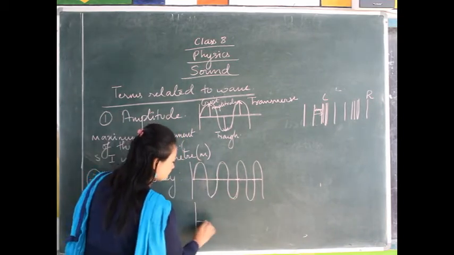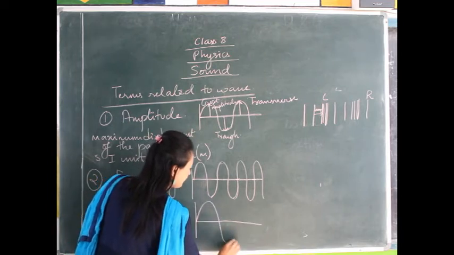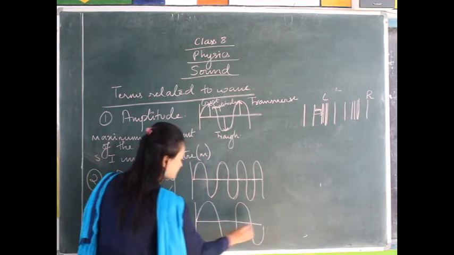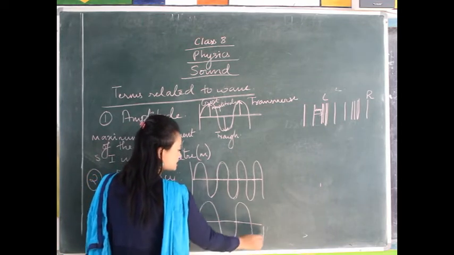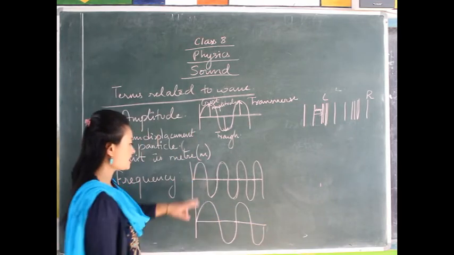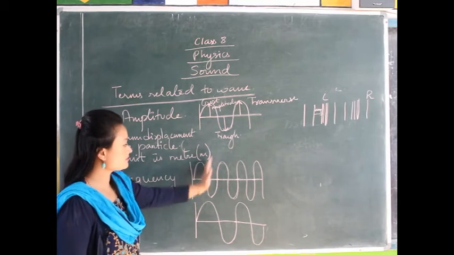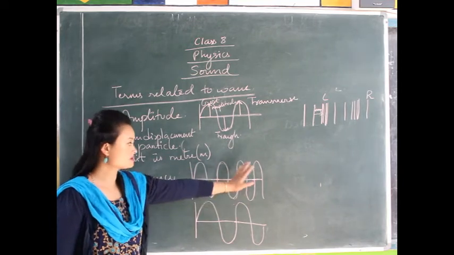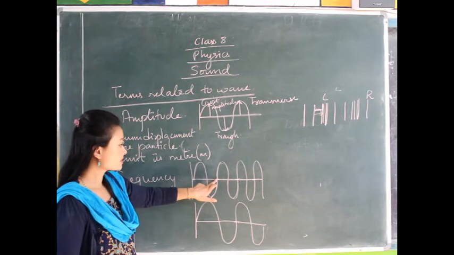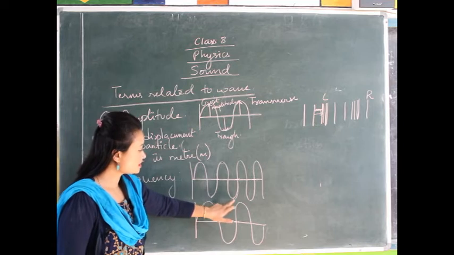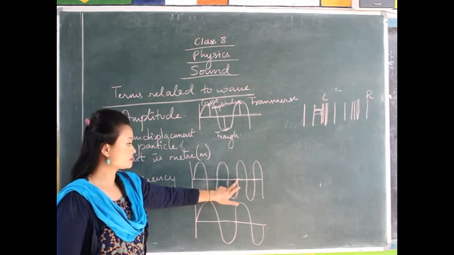See here, how many times does it vibrate? Goes here and reaches here, 1. From here till here it is 2. So what is the frequency here? 3 times. Don't count this part. Starting from here it goes down, reaches here, this is your 2.